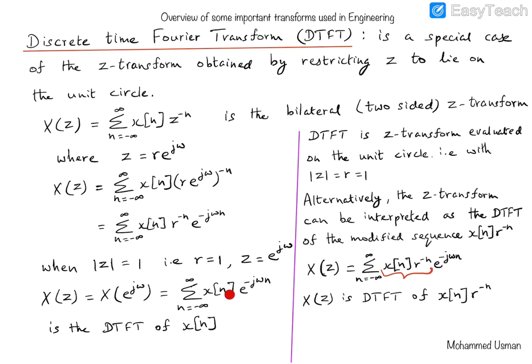The summation of the sequence x of n multiplied with e power minus j omega n gives us the DTFT. So we are seeing that all these transforms are related to each other, and each transform is becoming a special case of another transform.